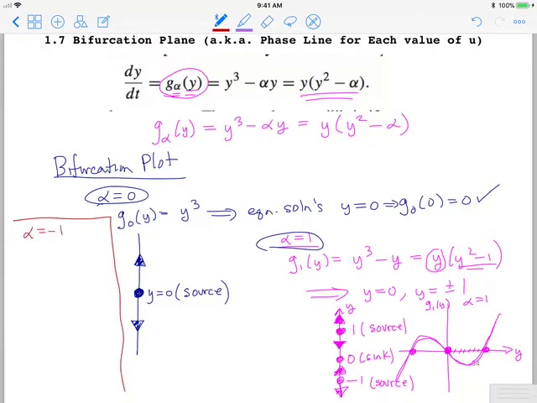When alpha is negative 1, g sub negative 1 of y will be y times y squared plus 1, and therefore you have only one equilibrium solution again at y equal to 0. Y squared plus 1 will never be 0, so there's only one equilibrium, coming from y equals 0. So we're back to 1 equilibrium now.